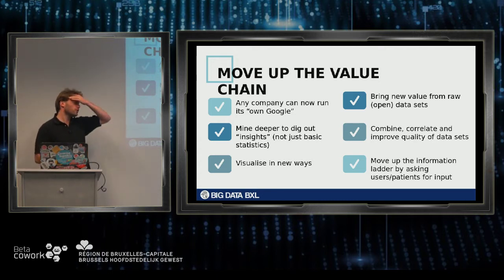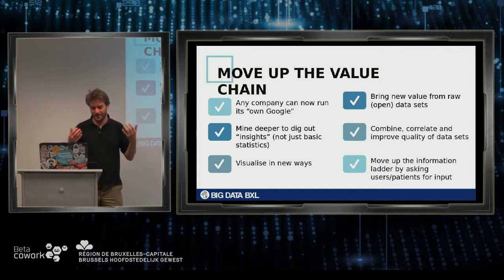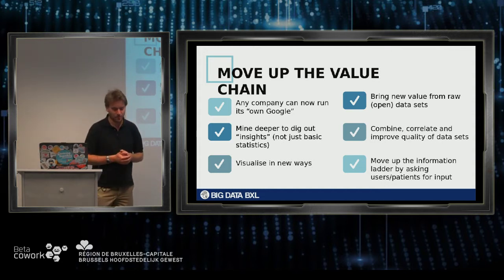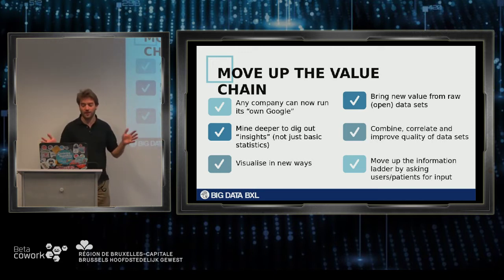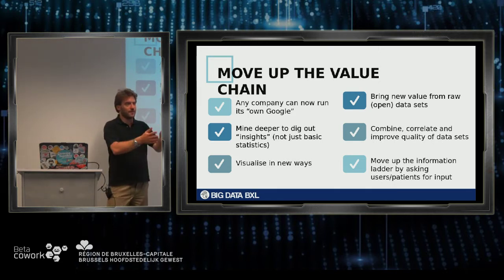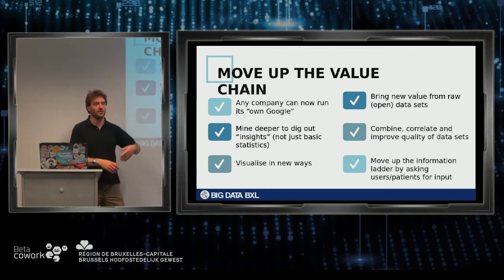Also try to look for data sets. That's a very important thing, I find: try to see what other data sets you can use. If you work at a company and you have information about companies, maybe cross that with open data about companies, or about locations.